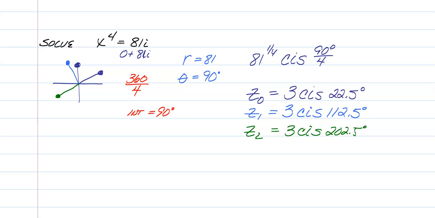Then we need our fourth one, down here: z sub 3, or our third interval, is at 3 CIS 292.5 degrees. If you added 90 back to that, you would be past 360, but that would just take you right back to 22.5. Adding another 90 would put you at 382.5, which is just 22.5 past 360, so it goes back to 22.5.